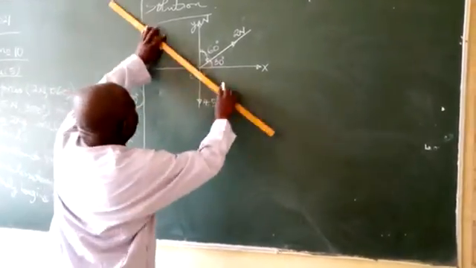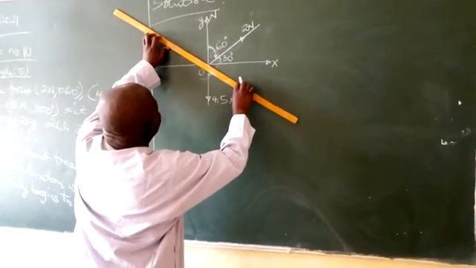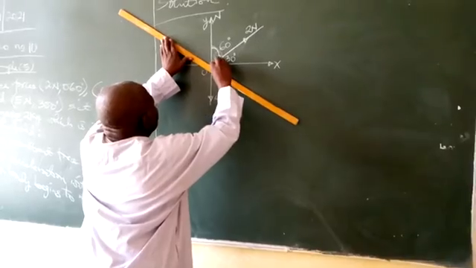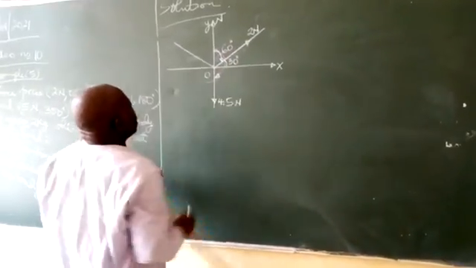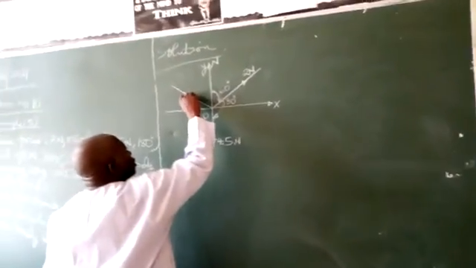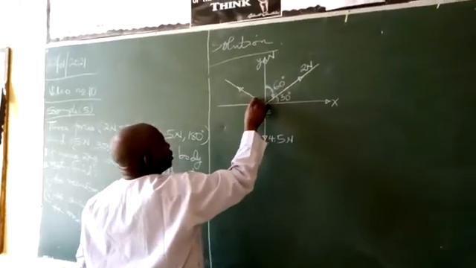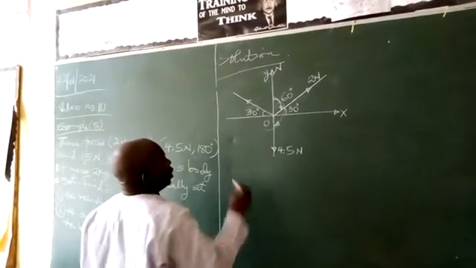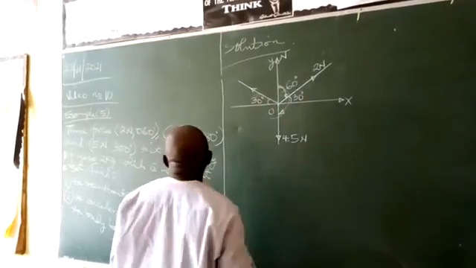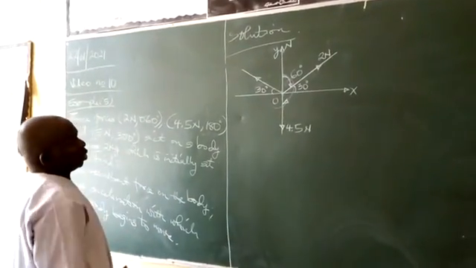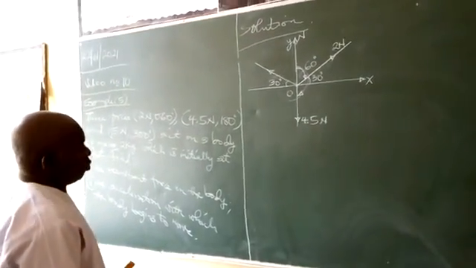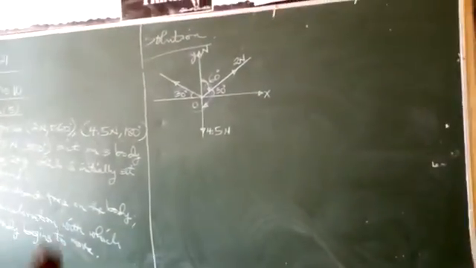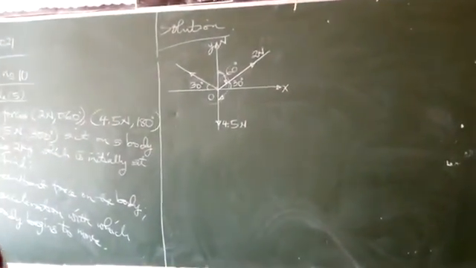So we draw the direction of the third force. This is 30 degree, because 30 degree plus 270 will give you 300. This is the required force diagram.